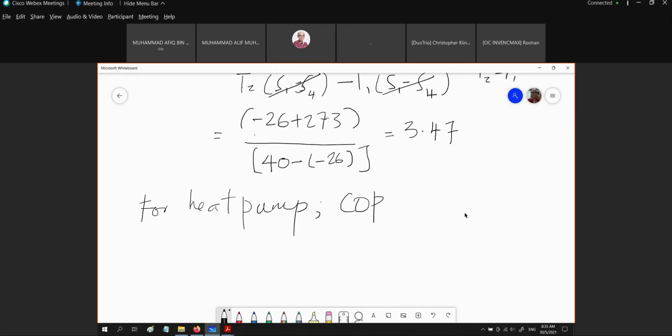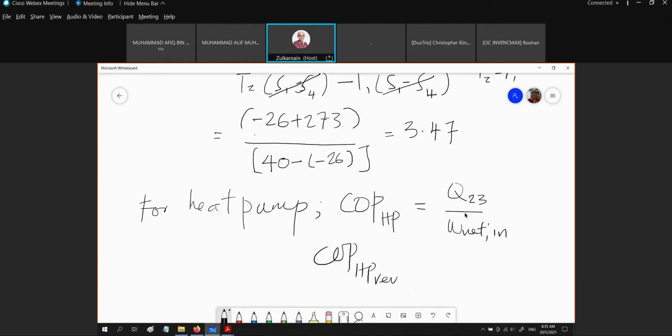This is COP heat pump, and the definition is the amount of heat rejected divided by the W net in. And for a COP heat pump, for a reversible cycle, this is equal to T2 divided by T2 minus T1. This can be proved.